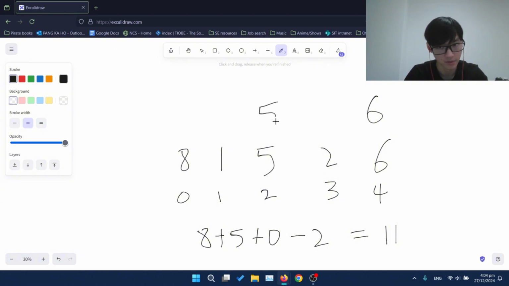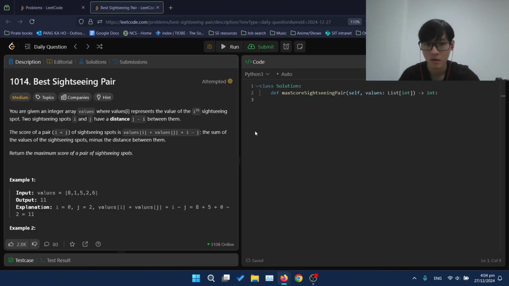You pop this, and it's 5, 1. And afterwards, you pop all the way until here. Then the maximum score of a pair of sightseeing spots.